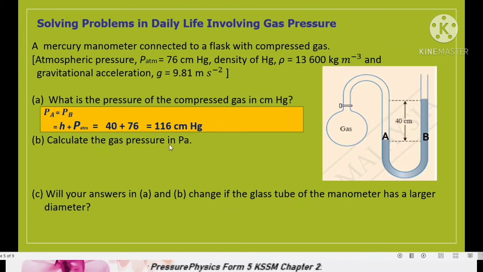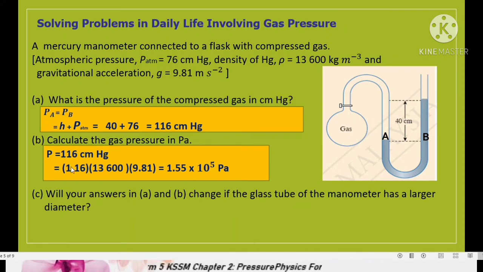Calculate the gas pressure in Pascal, meaning convert the unit to SI unit. Use the formula h rho g. Look at the formula here, cm mercury. When you want to convert to Pascal, Pascal equals Newton meter to the power -2, which is the SI unit. Thus, the length here, 116 centimeter, you need to convert to meter, so it becomes 1.16 meter.